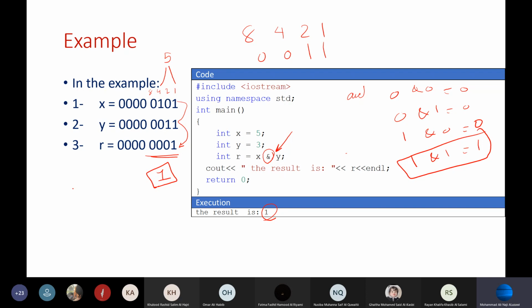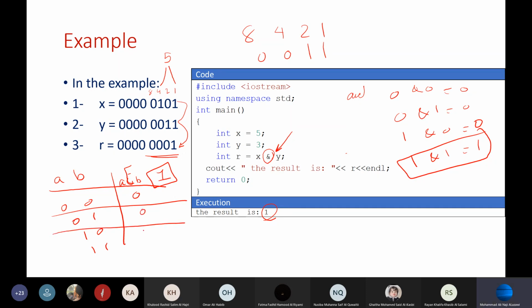Here, just to keep it with you, A, B, and F: 0 0, 0 1, 1 0, and 1 1. Here F equals A and B. 0 and 0 gives me 0, 0 and 1 gives me 0, 1 and 0 gives me 0, and 1 and 1 gives me 1 always.